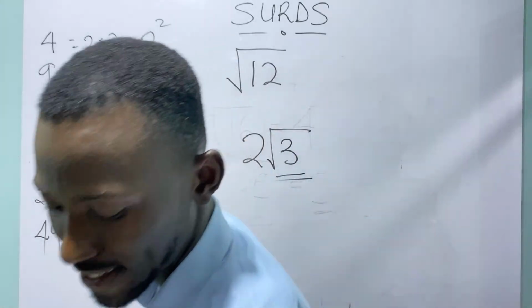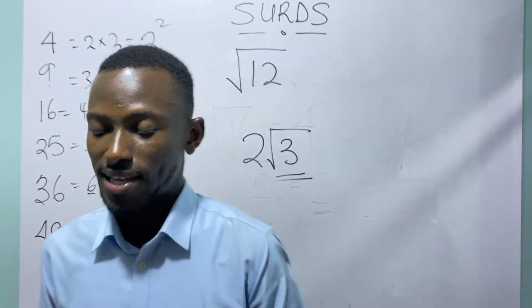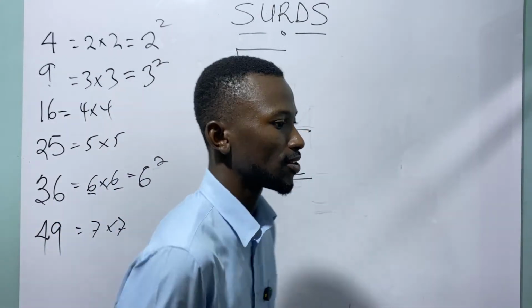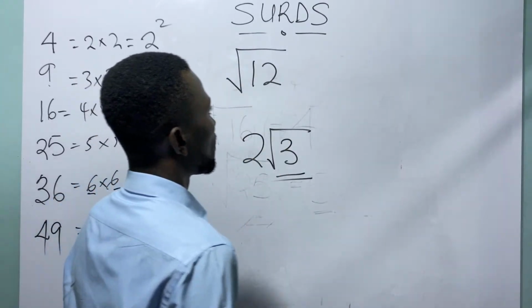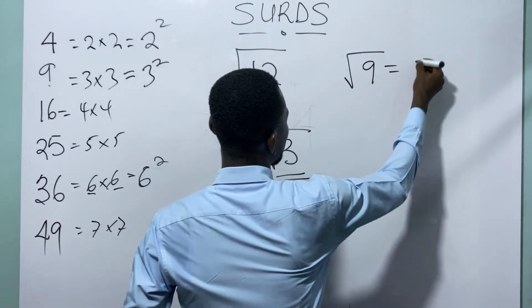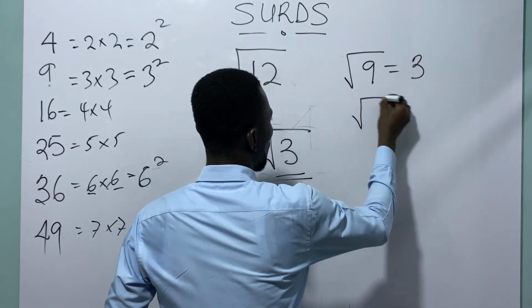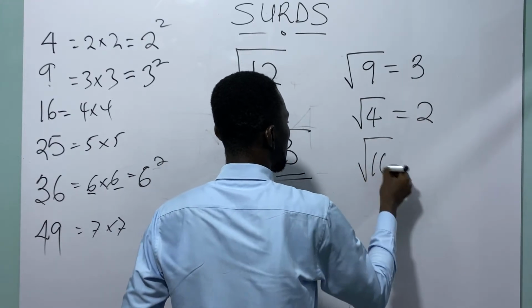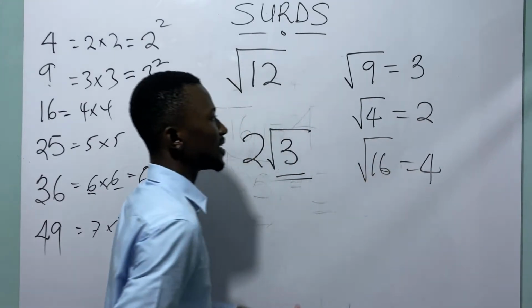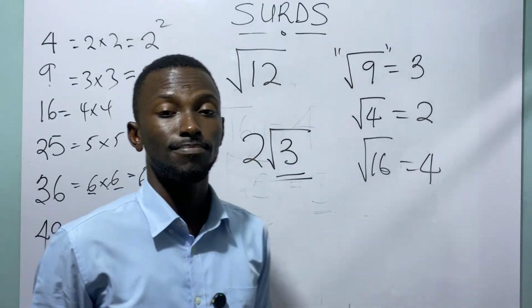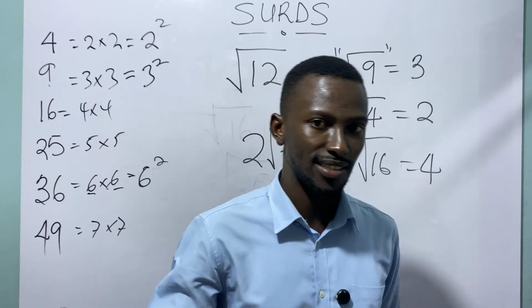So far, what have we discussed in this lesson? We've gotten to understand what a surd actually is. As a quick recap, root of 9 gives you 3, root of 4 gives you 2, root of 16 gives you 4. These numbers are not surds.